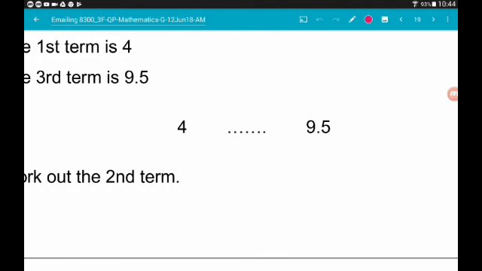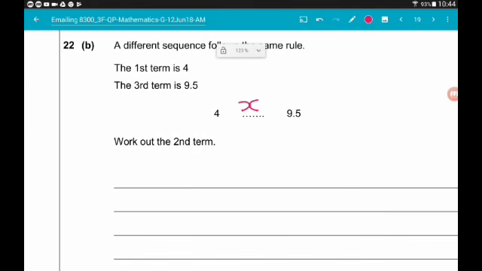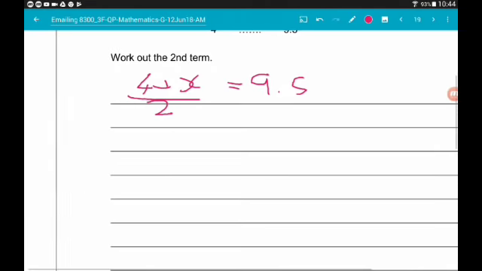So we're going to call the second number x. Now we know that 4 plus x all divided by 2 is equal to 9.5.